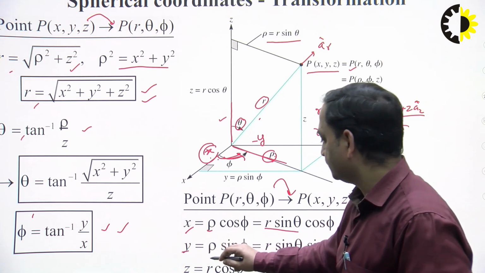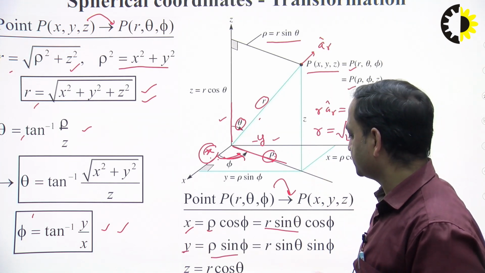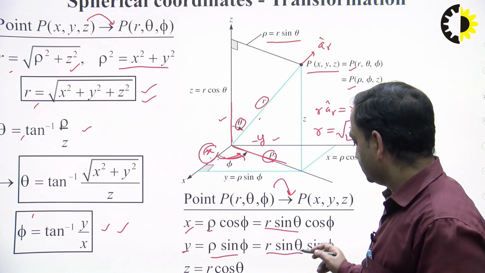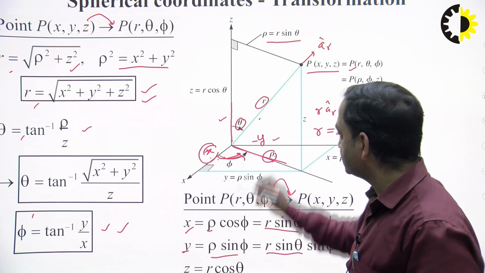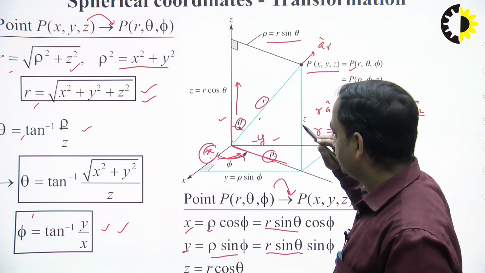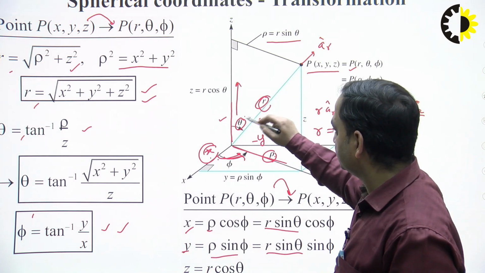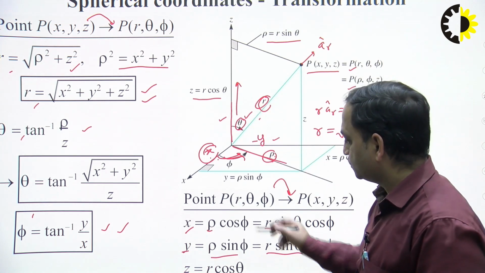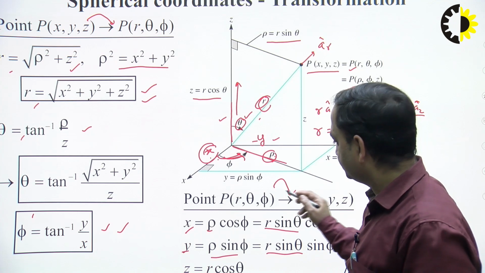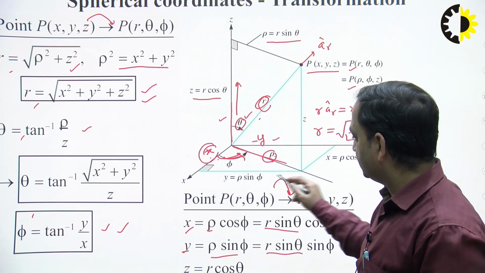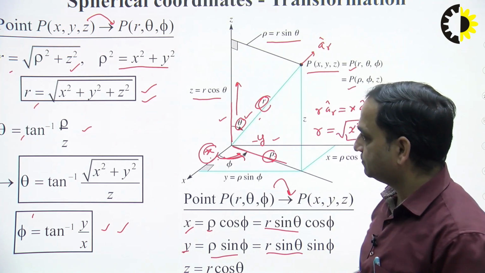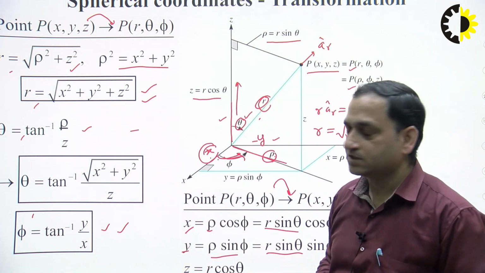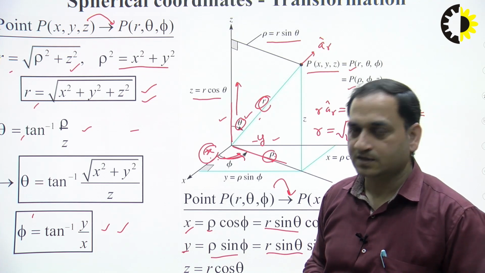Similarly, y is rho sin phi. In place of rho, we can write r sin theta into sin phi, and this is the z, right? And this is the r, this is the theta. So in this case, z will be r cos theta. So this is the transformation from spherical coordinate system to the Cartesian coordinate system. This is the transformation from Cartesian coordinate system to the spherical coordinate system.